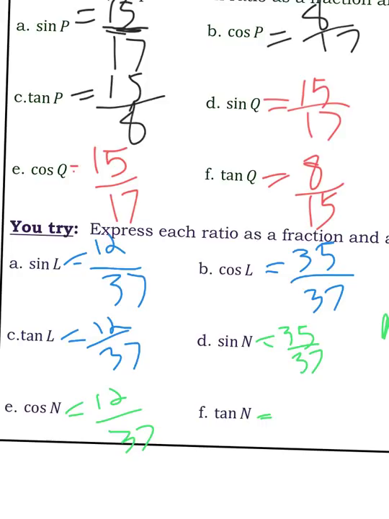Tangent, opposite over adjacent now, is 35 over 12. Oh, look, I wrote 12 over 37 for my other one. It should have been 12 over 35, opposite over adjacent. Yeah, I think I said 12 over 35, but I wrote down the wrong thing.